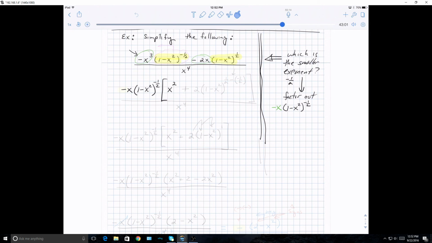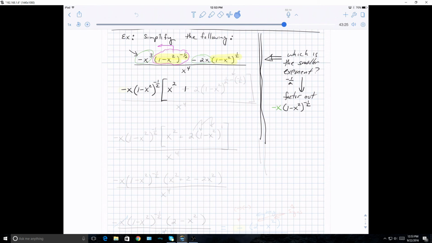And if we take out 1 of the 1 minus x squared to the negative halves from both of these, well, in the first one, we're going to be left with just 1. So we don't need to worry too much more about that.